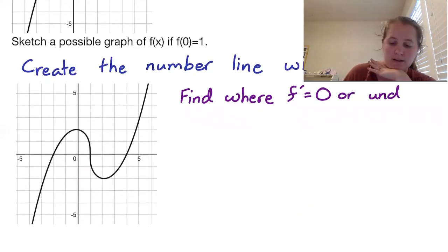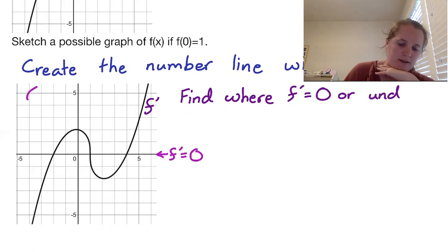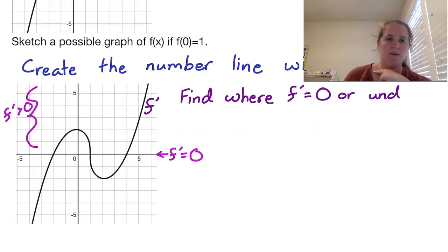Keep in mind that this is the graph of f prime. So anything on the x-axis, f prime equals 0. Anything above the x-axis, f prime is positive, or greater than 0.